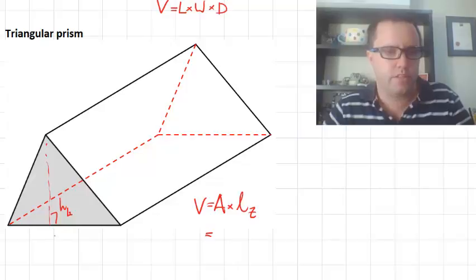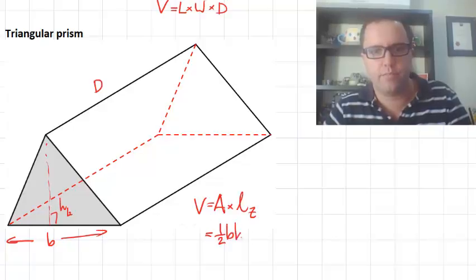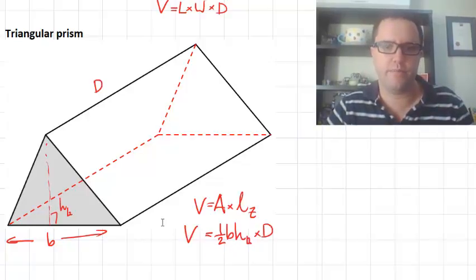And we've got this base length here and some depth that it's been multiplied back. So our volume is half base times perpendicular height times that depth. And so that will be our volume of a triangular prism, this formula here.